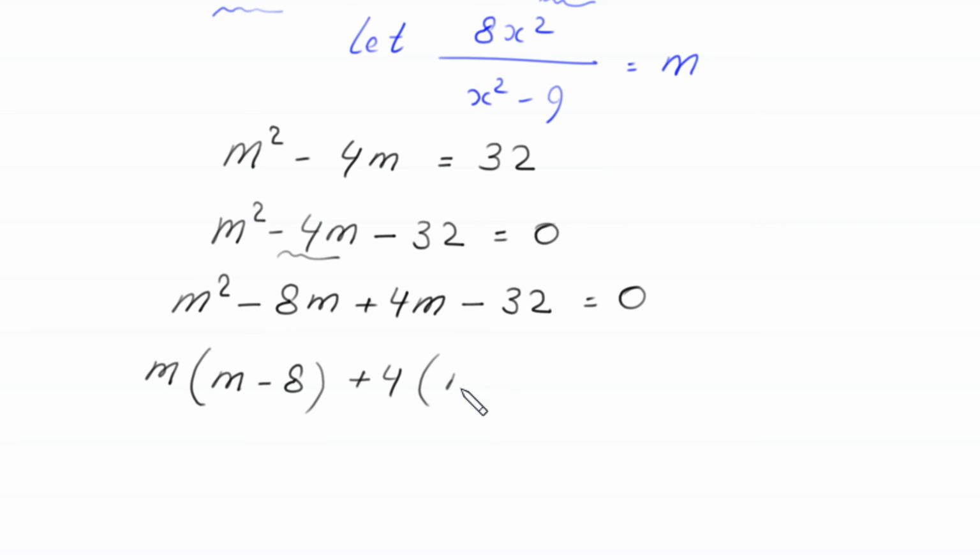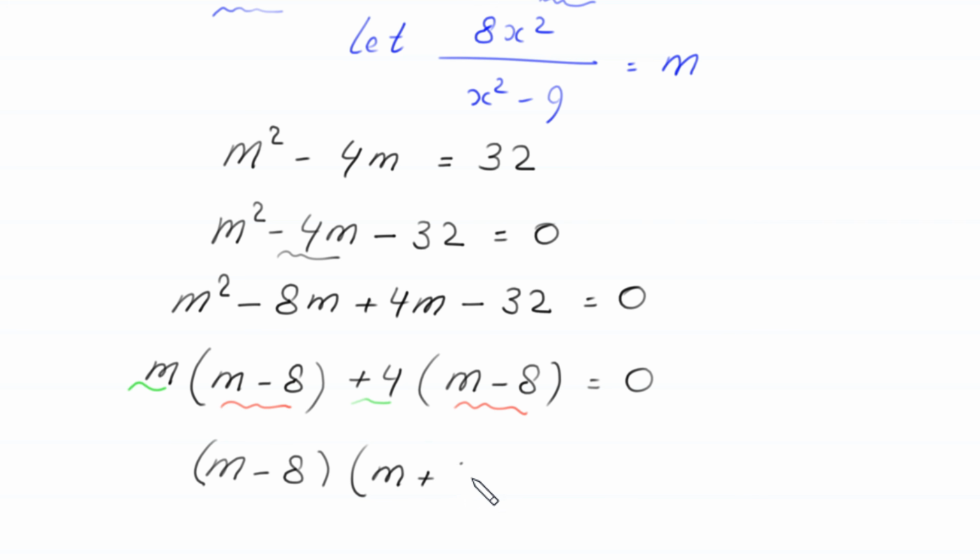In bracket left m minus 8 is equal to 0. Now as you can see, this expression m minus 8 is common, so we factor out this m minus 8, and in bracket left this m and this plus 4, in bracket left m plus 4 is equal to 0.